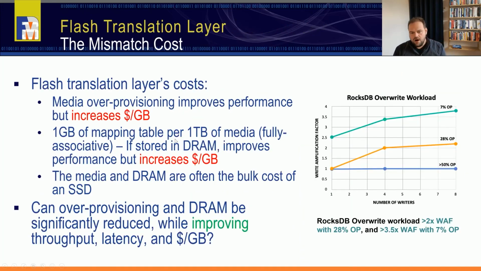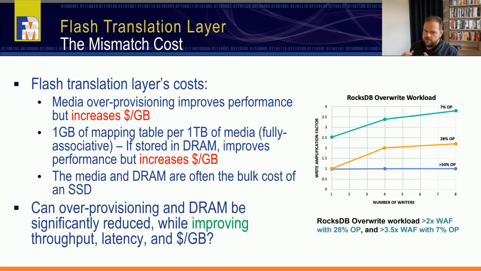So the cost of this, when you look at it from the flash translation layer point of view, is two things. One is the media over-provisioning, which improves performance, but increases dollars per gigabyte.